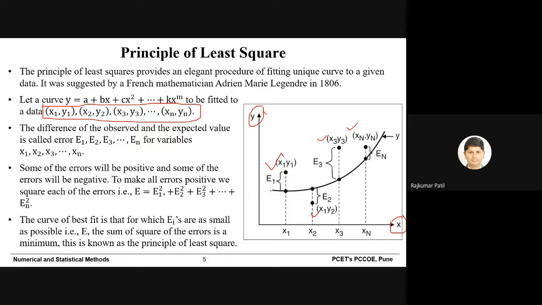Then we draw a curve and develop its equation y in such a way that the errors E1, E2, E3 will be as minimum as possible. And when you get such an equation, then this process is called principle of least square. That is, the total error associated with the curve will be minimum or least.